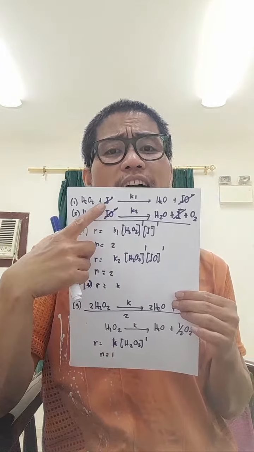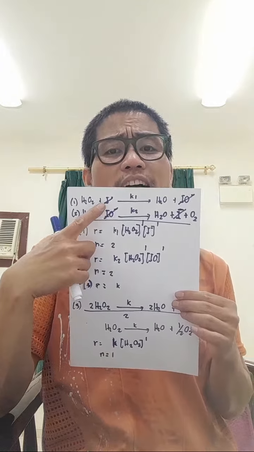Our intermediate will be the iodate, because the iodate will be produced first in the first reaction step, and then later it will be consumed, and it disappears in the product. There's no iodate in the product, right? Again, our catalyst will be iodide, because iodide is added and consumed first, and then in the entire chemical reaction it is never consumed because it is produced finally in the overall reaction.